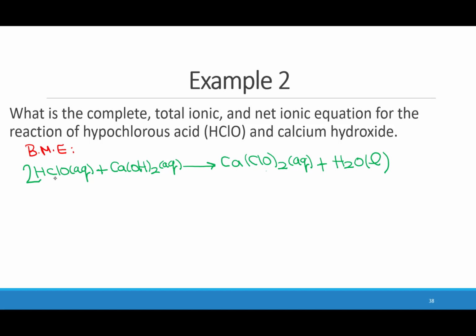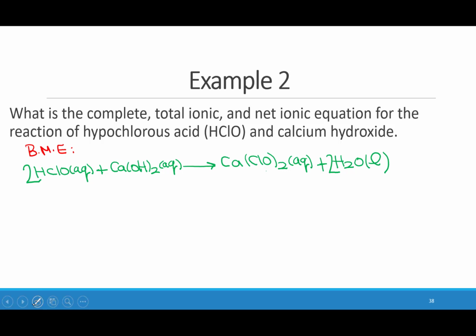And I also have to add a coefficient 2 in front of water, because I will have 4 hydrogen on the reactant side, and I need to have 4 hydrogen on the product side. And I have 1 calcium on each side, and 2 oxygen on each side. Then this is balanced.